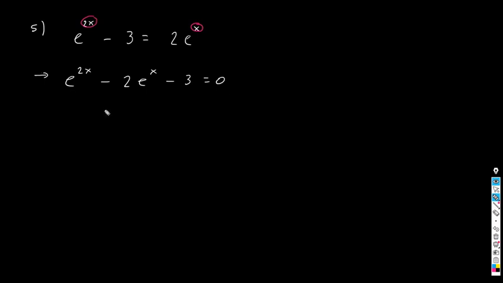And now you must notice that I can write all of this in this way: e to the x, to the 2, minus 2 e to the x minus 3 equals 0, right? Because by the laws of exponents, e to the x to the 2 is equal to e to the 2x. Stop the video and make sure.